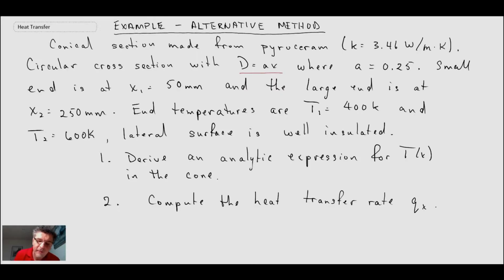We are told the temperatures at the two surfaces of this conical section, and then we're asked to derive two things. One is the temperature distribution as a function of position throughout this conical section, and the second one is the heat transfer rate. So let's begin by writing out what we know, what we're looking for, and then a schematic.